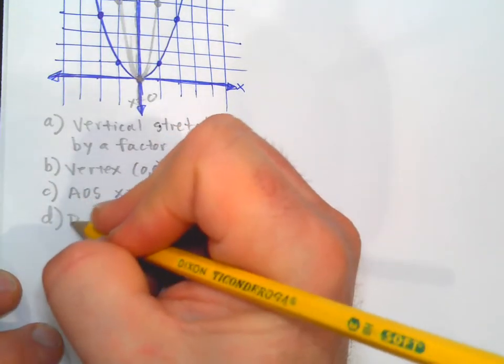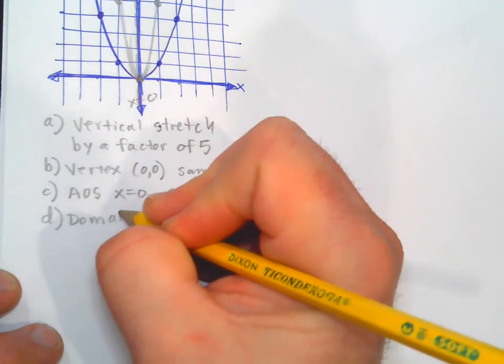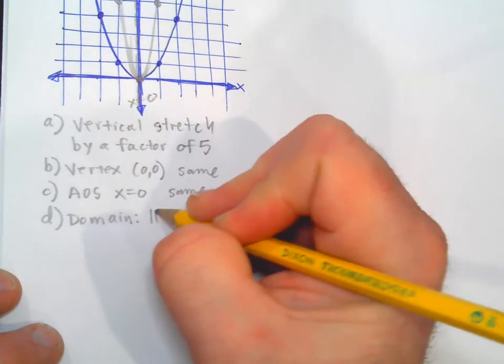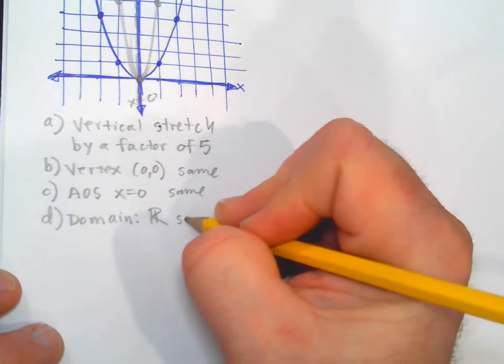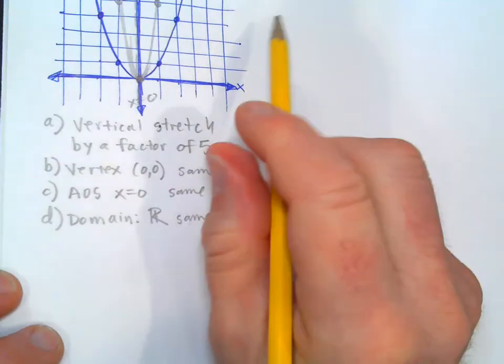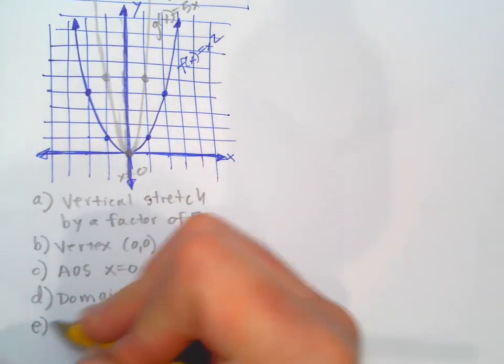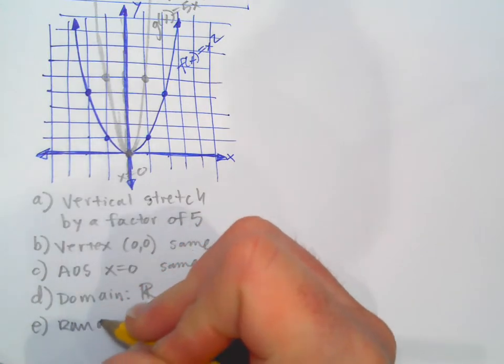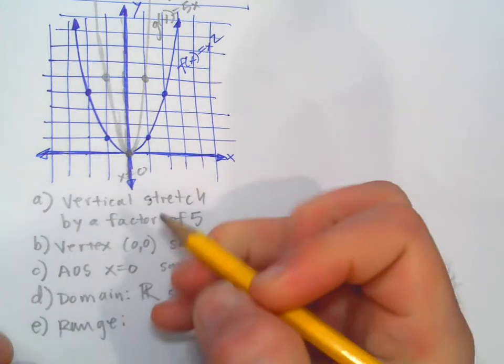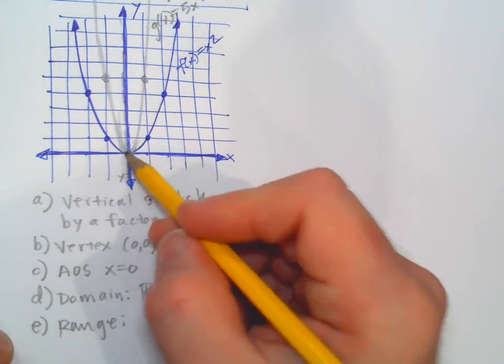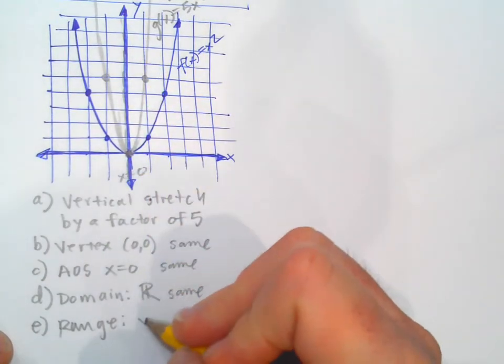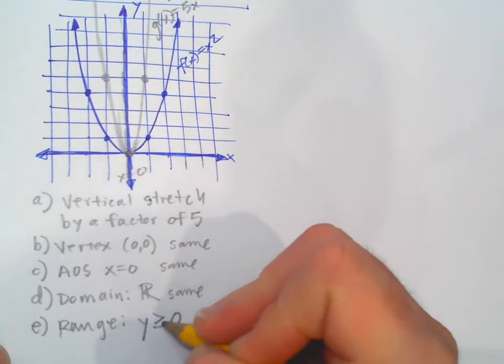D, the domain. The domain is all real numbers, and it's the same for both of them. It goes left and right forever. That's what these arrows mean. E, the range. The range are the y values. They're all positive. They start here at 0 and go up, so y is greater than or equal to 0.